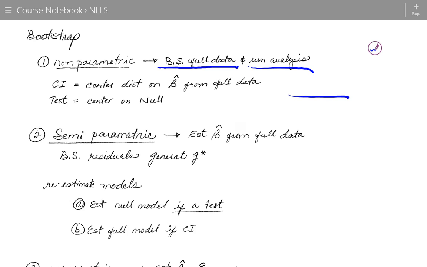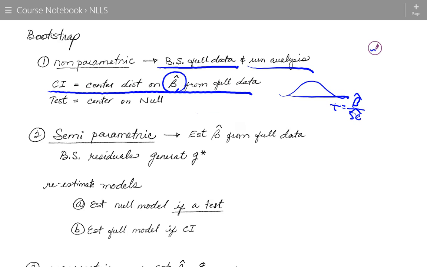So you could look at the t-statistic, which is your beta hat divided by your standard error hat. And you bootstrap this statistic, and that should be approximately normal. And if you're happy with that, or even if it's not normal, you can just use the confidence interval that is based on the distribution of the beta hats that you estimated.